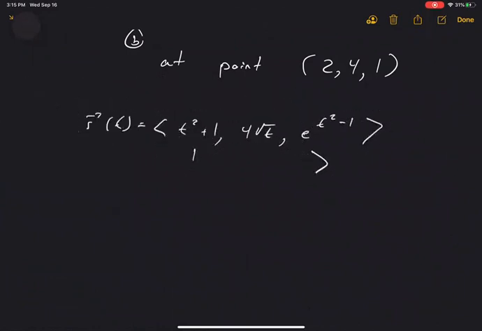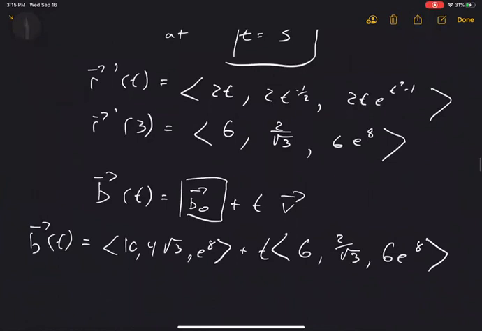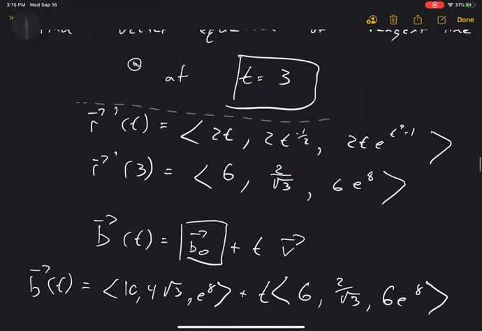Okay, so that was my r. And then we went ahead and found our r prime, right? And the general form of our r prime was this.